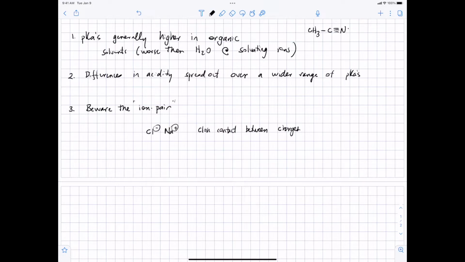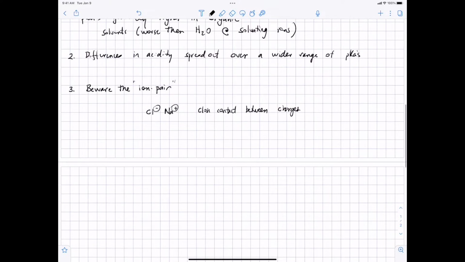If you're in an organic solvent, the acidity that you measure, if you're in a nonpolar solvent, might be the acidity of the ion pair. Let me give you a better example. Ammonium chloride.